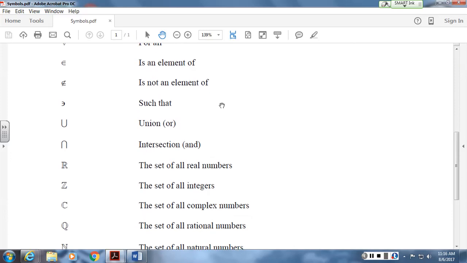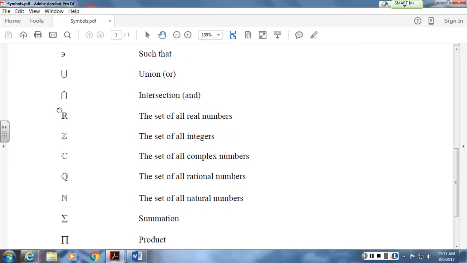And here we have the double bar letters for our different types of numbers. All real numbers is anything that is not an imaginary number, right? Set of all integers. Integers are positive and negative whole numbers. So -3, -2, -1, 0, 1, 2, 3, and it goes on forever in both directions.